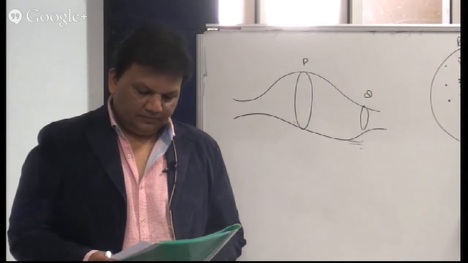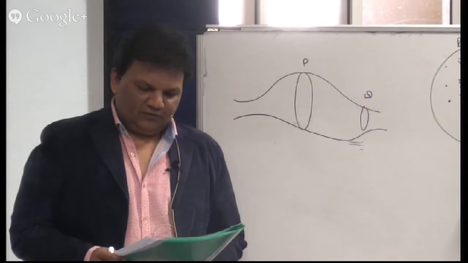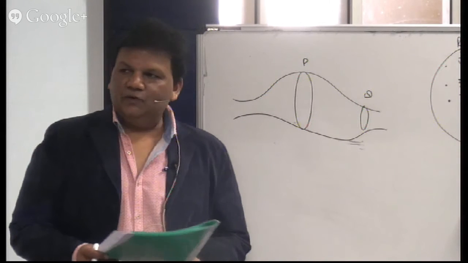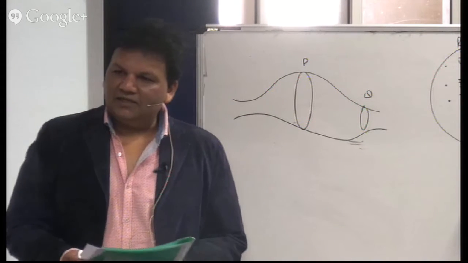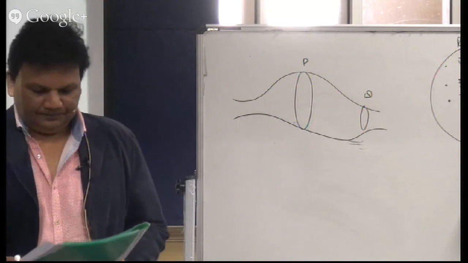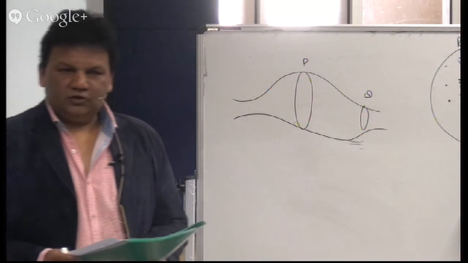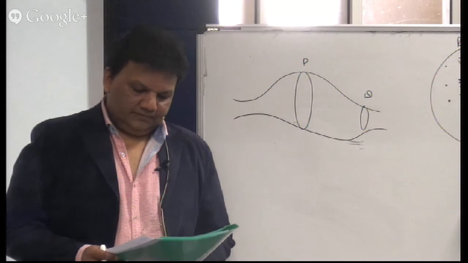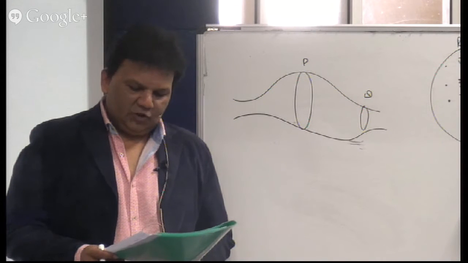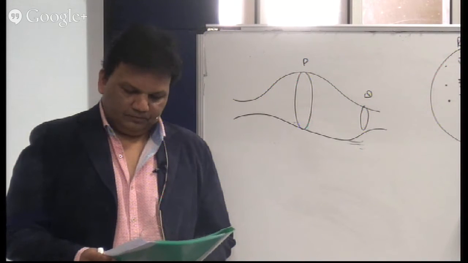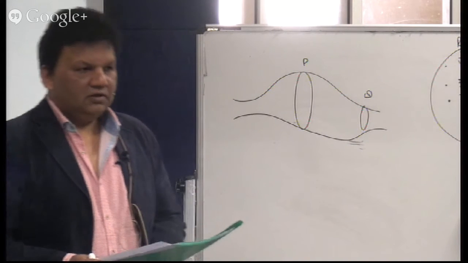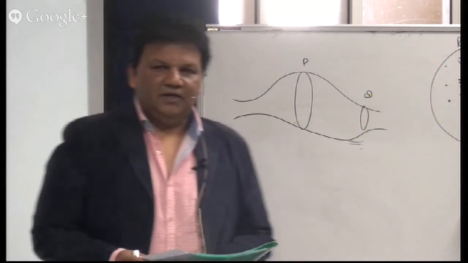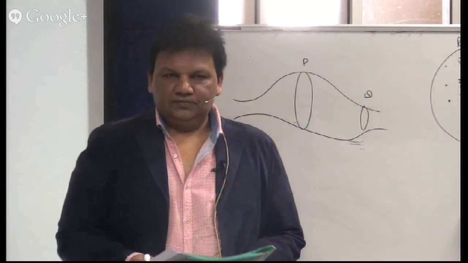Third, the rate of heat generation per unit length, is it greater at P or Q? And fourth, the mean kinetic energy of free electrons is greater at P or Q, and why?